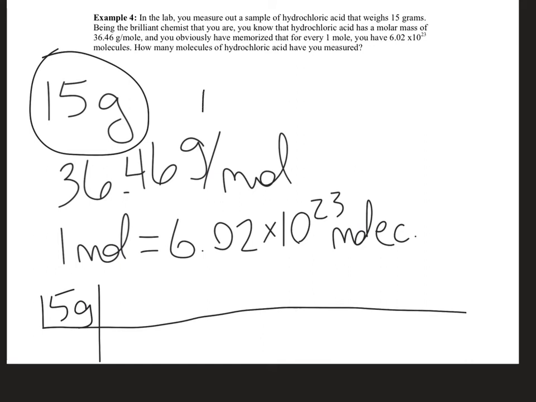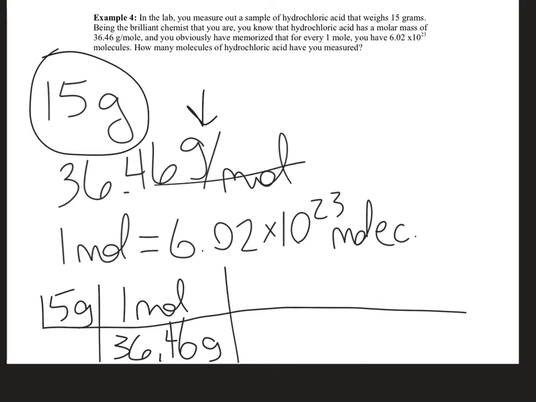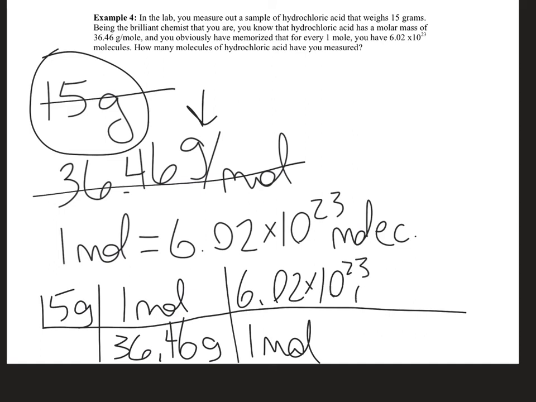I can use this thing right here because I have grams to match up. So 36.46 grams in 1 mole. Then I'm going to be able to use this last conversion factor. 1 mole is equal to 6.02 times 10 to the 23rd molecules.